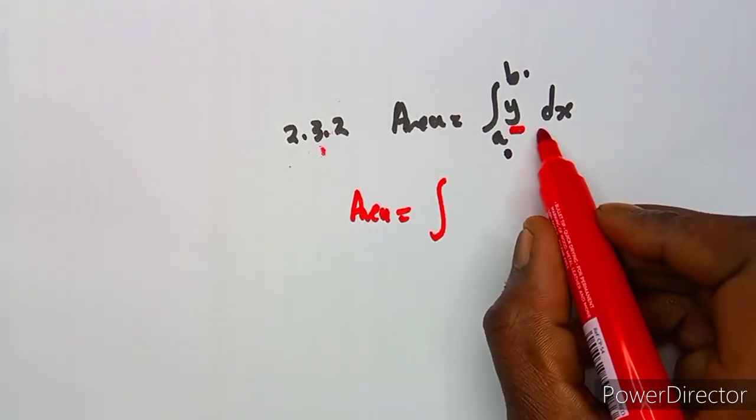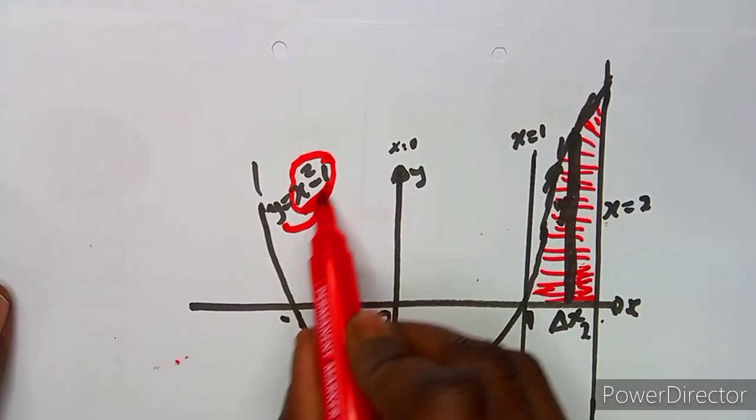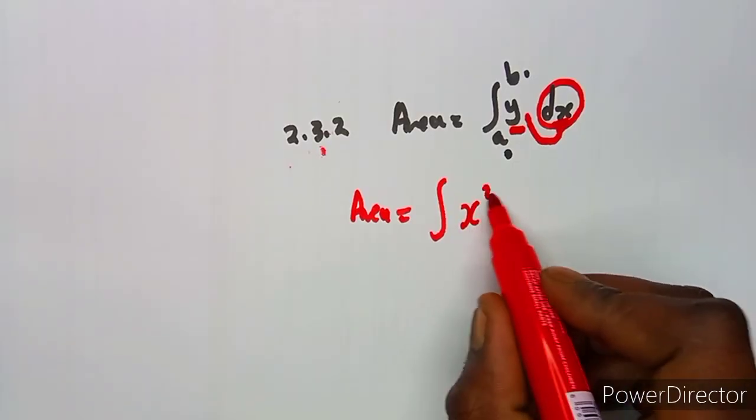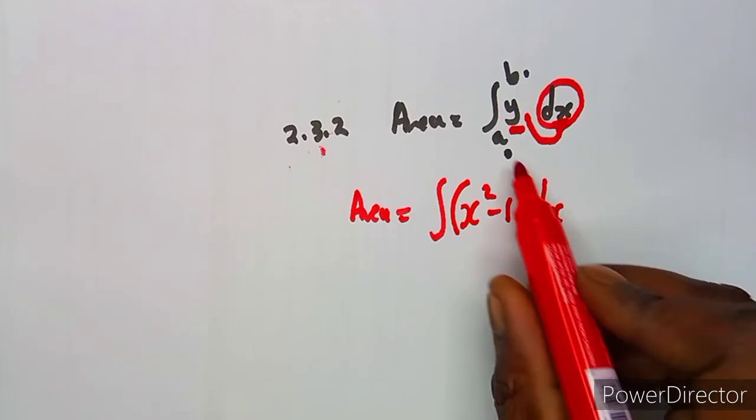In place of y, because it must be with respect to x, it's going to be the integral of x squared minus 1 dx, and the limits a and b.